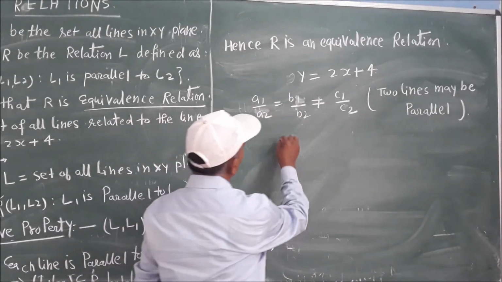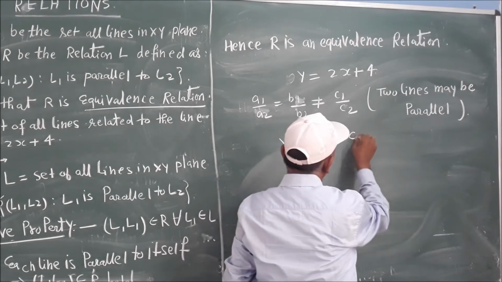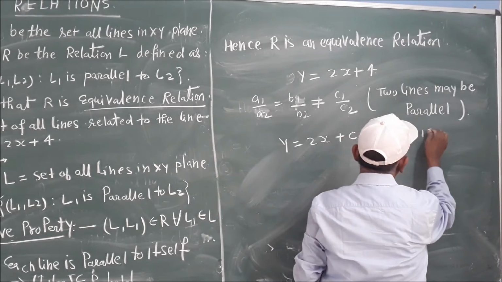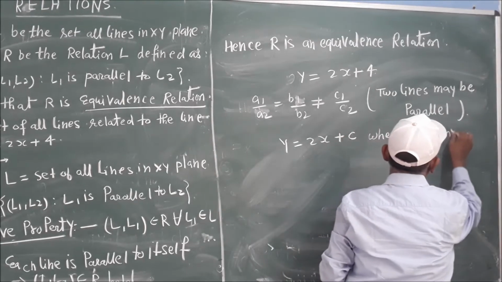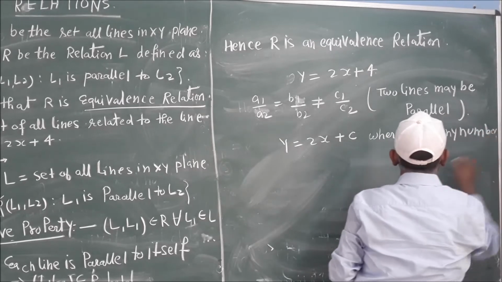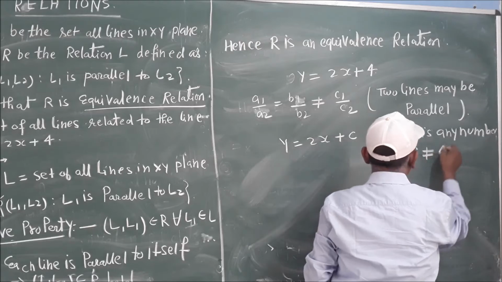Follow this rule. So this can be written as y equal to 2x plus c, where c is any number, but c not equal to 4.